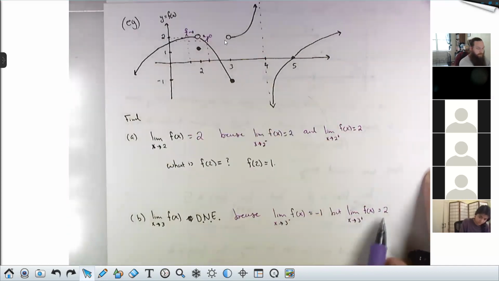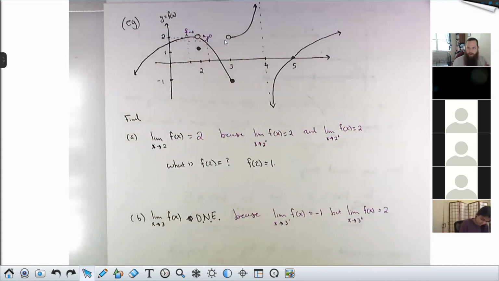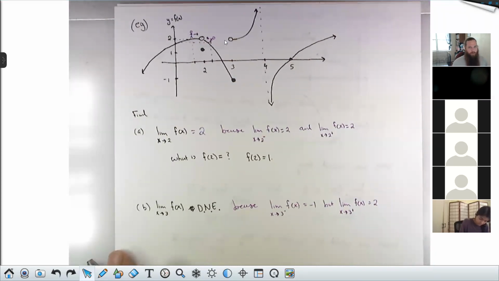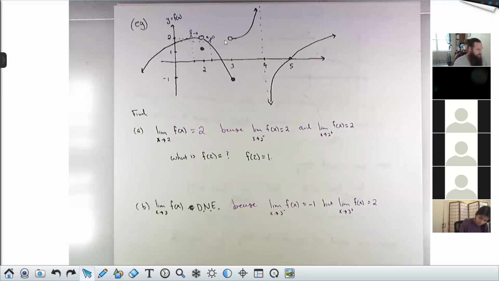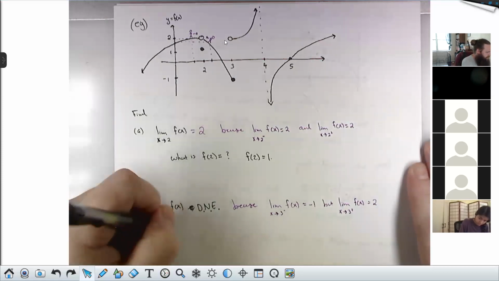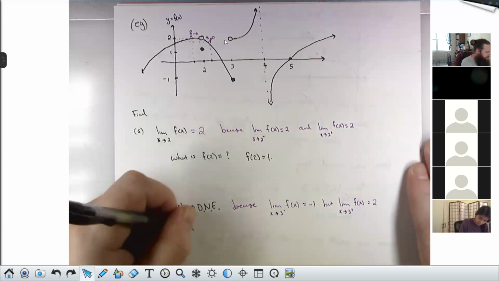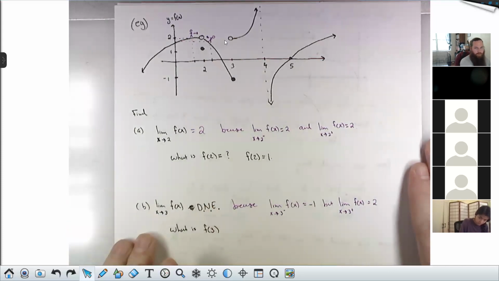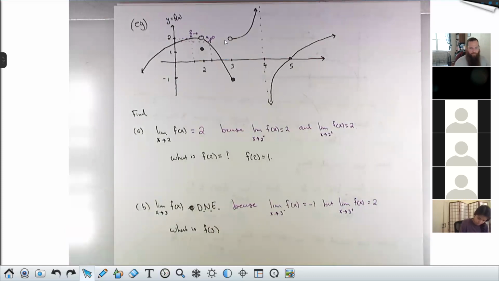And if the left limit and right limit are not equal, then the overall limit does not exist, right? We cannot say that the function value is getting closer and closer to any particular number as we shrink in from both sides. Again, here it's fun to ask, what is f of 3? So what is f of 3 here?